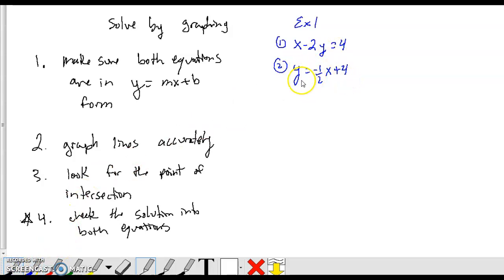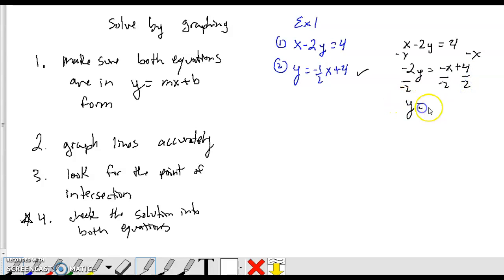I know that the second is in y equals mx plus b form already, so check. What I need to do is manipulate the first one. So x minus 2y is equal to 4. I'm going to subtract x. So negative 2y is equal to negative x plus 4. Then I'm going to divide everything by negative 2. So y is equal to negative negative, they cancel out, so 1/2 x minus 2.